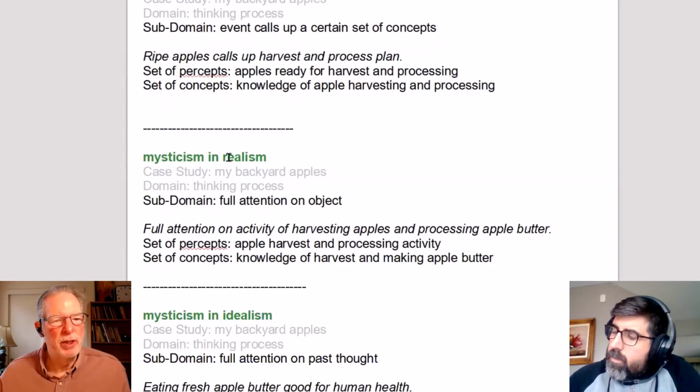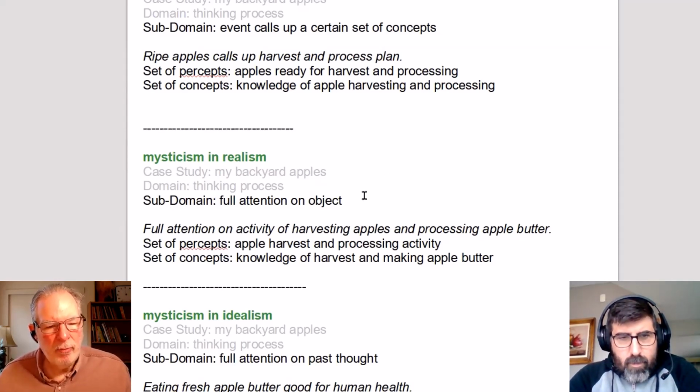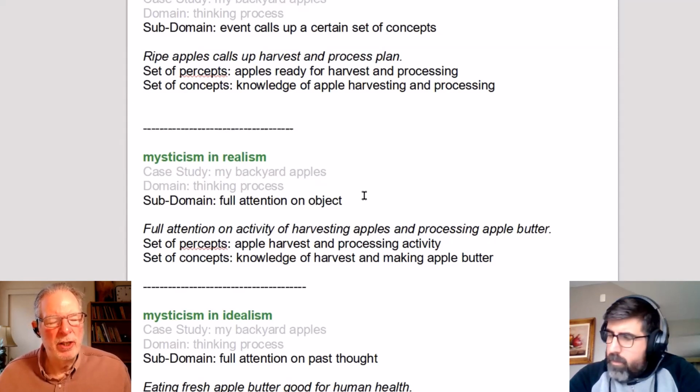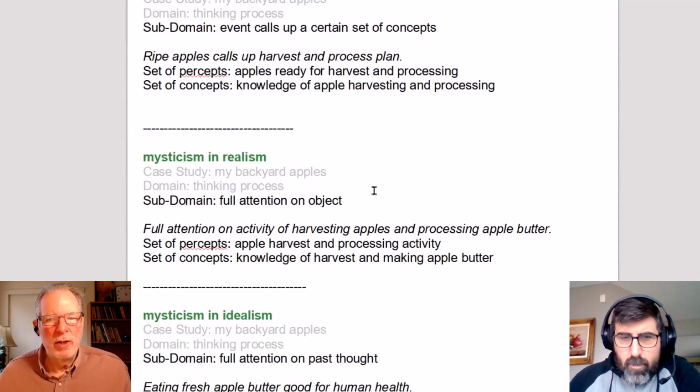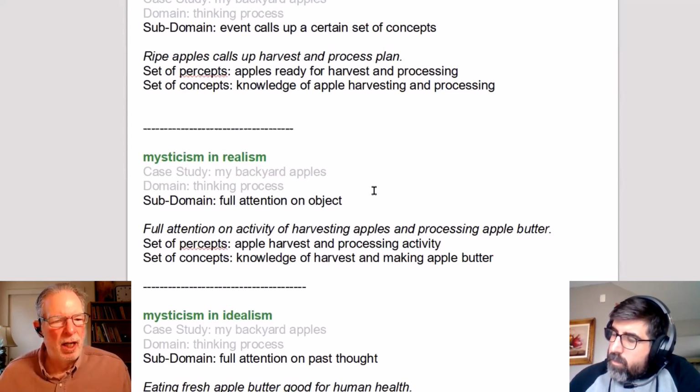And then mysticism and realism is the subdomain of the thinking process where full attention is on the object, which is the harvesting. As a realist, when you're involved in the work, your full attention is on your work, on your activity. So he's busy processing the apples out of that realism aspect of thinking activity.